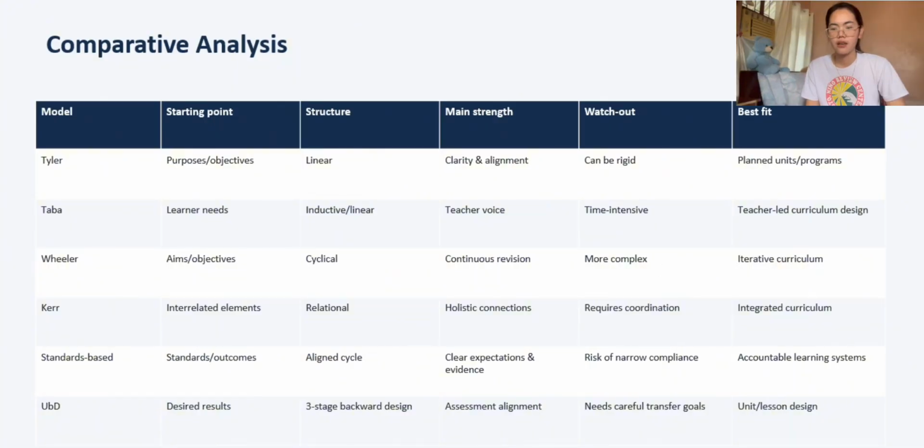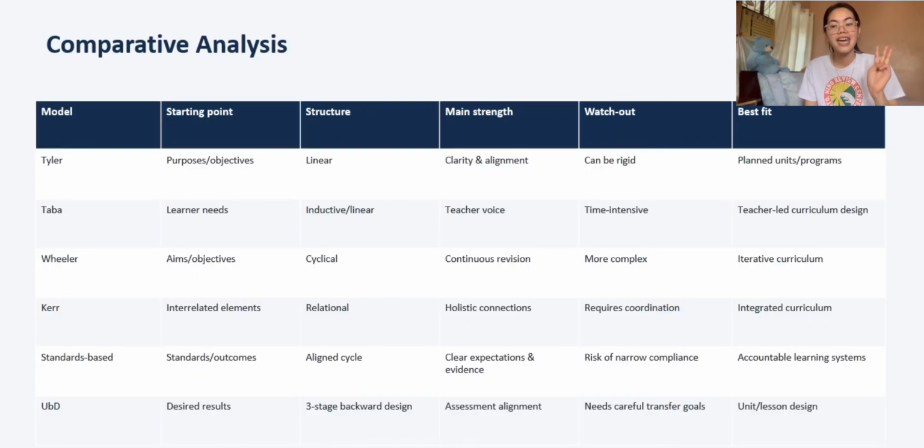To summarize our discussion, we learned that curriculum development models provide different ways of planning and organizing curriculum. Tyler's model emphasizes objectives and logical sequence. Taba's model emphasizes teachers' and learners' needs.